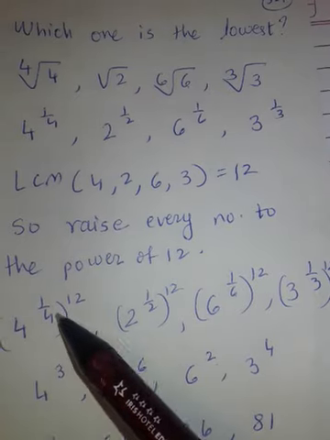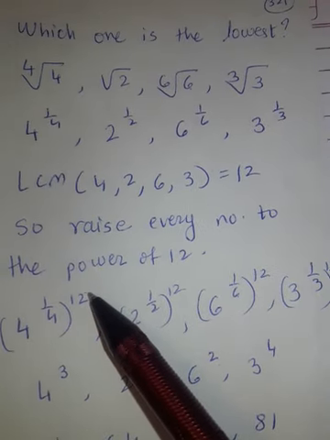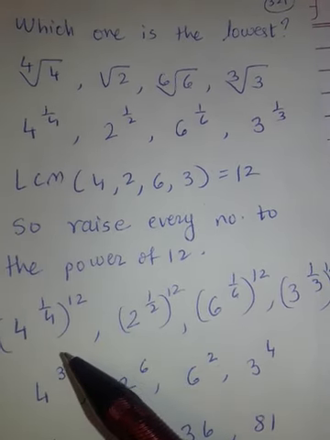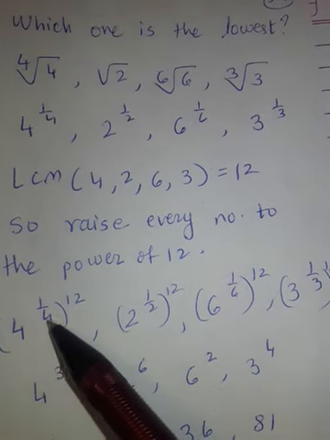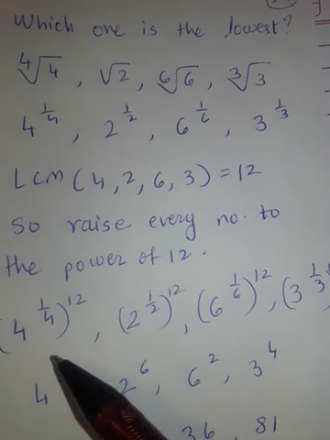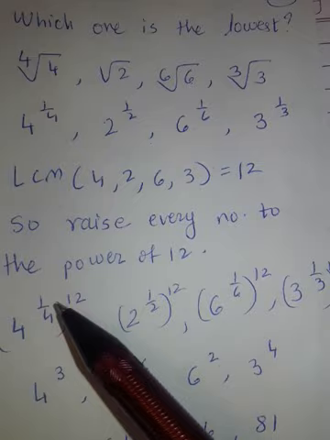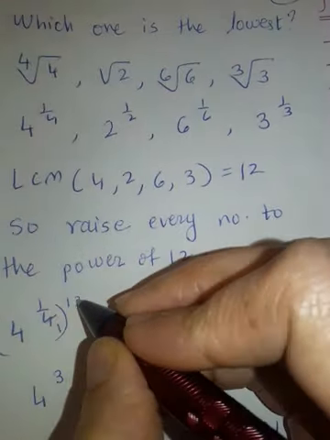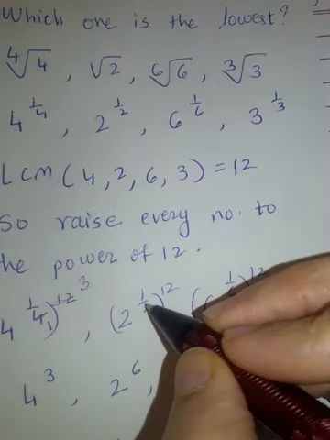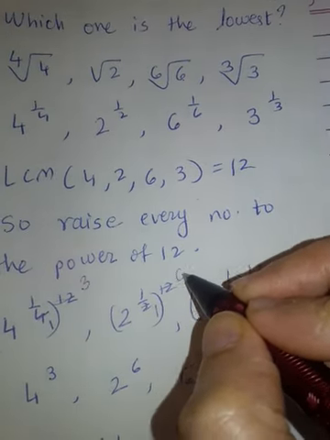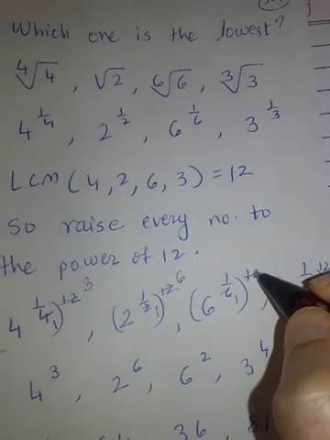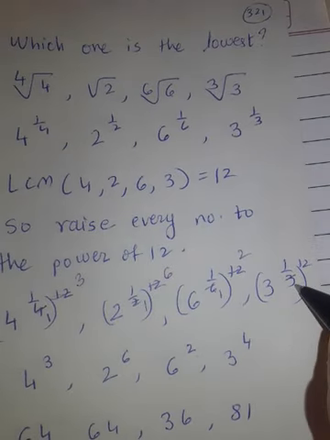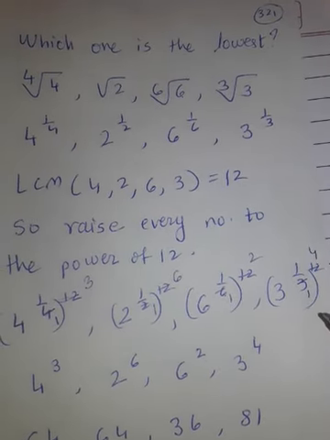This is a raised to m, bracket raised to n. So what is the rule of indices? A raised to m, bracket raised to n, is equal to a raised to mn. We have to take their product. 4 ones are 4, 3 twos are... 2 ones are 2, 6 ones are 6, 2 sixes are 3... 1 by 3 times 12, 3 fours are 4.